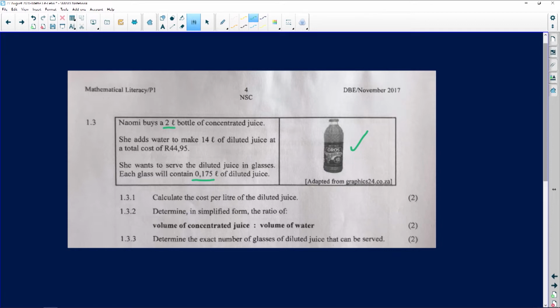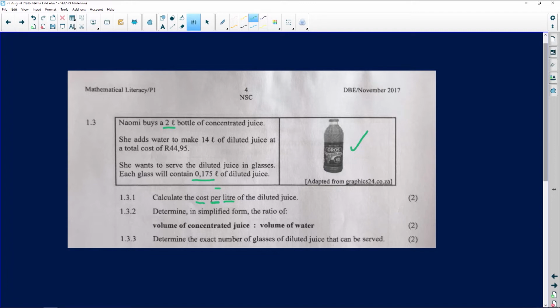1.3.1, calculate the cost per liter. So we want the cost per liter, and that word per automatically indicates to me that I'm going to be dividing something. So whatever I'm dividing, it's cost all over liter. You see what I did there?